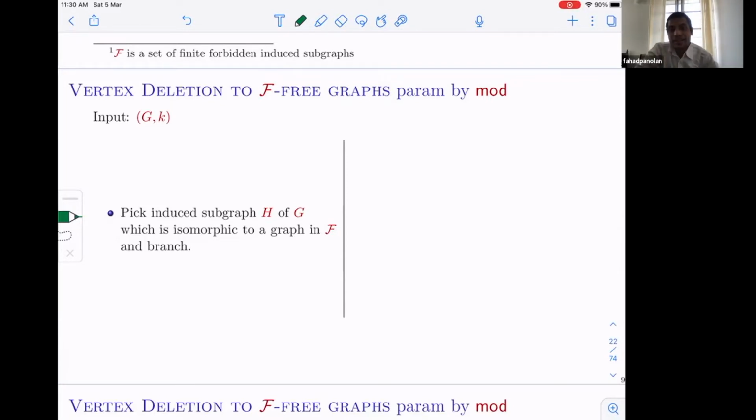And here, similar to the simple branching algorithm for vertex cover, we can design a simple branching algorithm for it. You just pick an induced subgraph H of G which is isomorphic to a graph in F. This will have constant size, and hence you can find it. And you know that one of the vertices should be in the solution, so you branch on it.